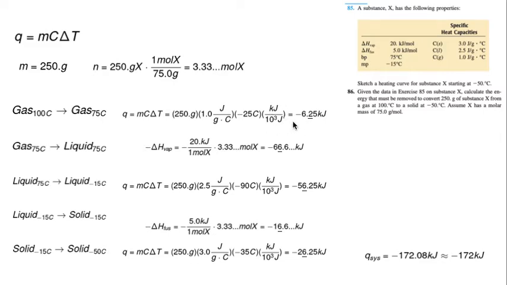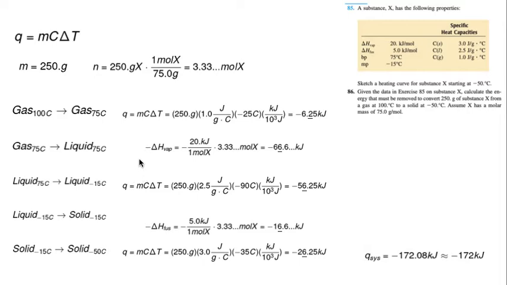And so that will be negative 6.25 kilojoules. Also, what's important to note for significant figures, if you notice, we've got 2 significant figures as the least number in our multiplication. Underline that, because it's going to be important when we add all of these values together at the end.